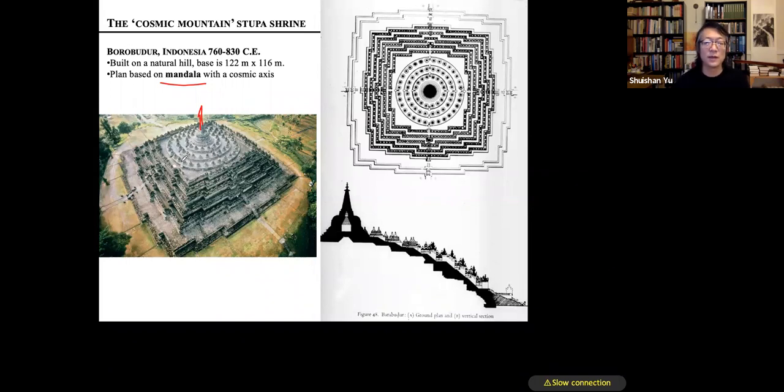And interestingly, here at Borobudur, we can find three groups of layers. The top groups are circular. So this is the upper realm. The middle realm are square and having this middle protrusion, creating that complicated polygonal shape.